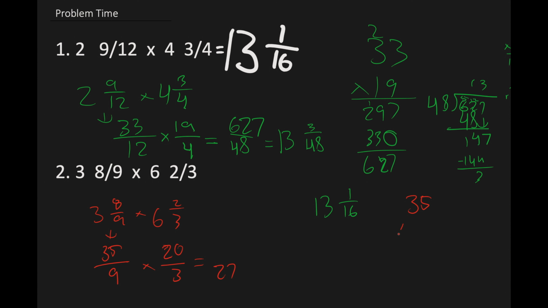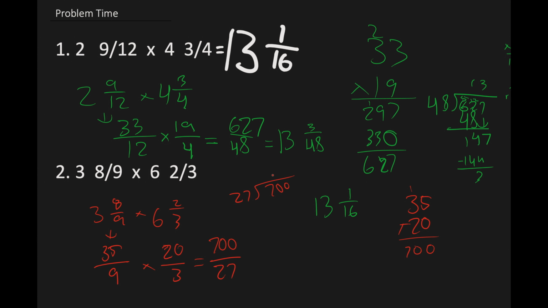So let's do that. 35 times 20 is 700. So it is 700/27. That's a lot. So let's do this. We have 27 goes into 700 how many times?